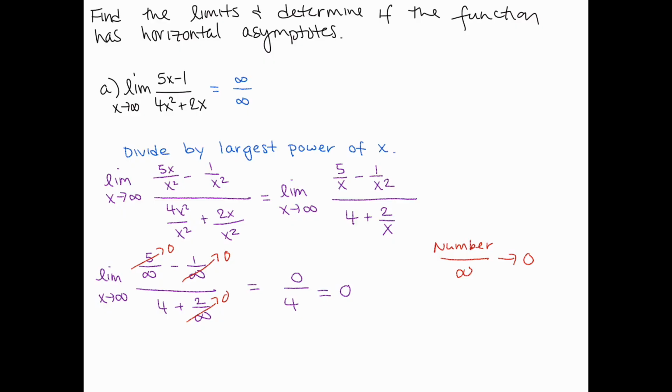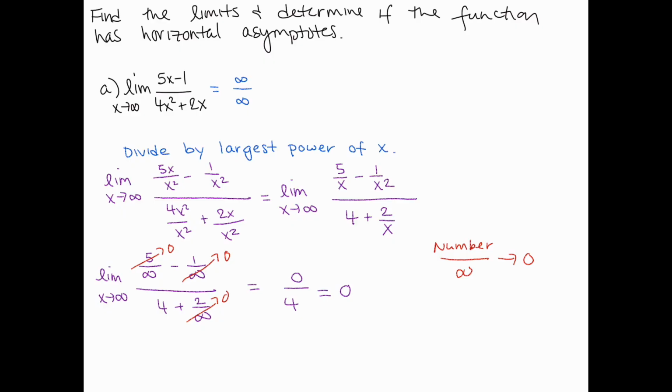So in the top of this fraction, we've got 5 divided by infinity, that goes to 0, minus 1 over infinity, that also goes to 0. And then on the bottom, we've got 4 plus 2 over infinity, and the 2 over infinity goes to 0 as well. So I'm left with just 0 on the top, 4 on the bottom. 0 divided by 4 is 0. So this limit equals 0.